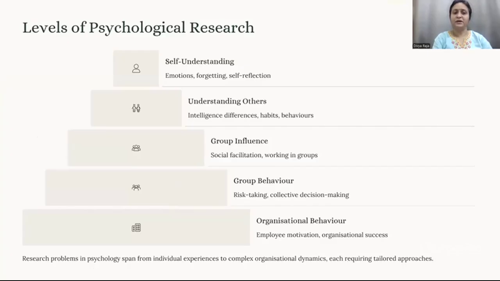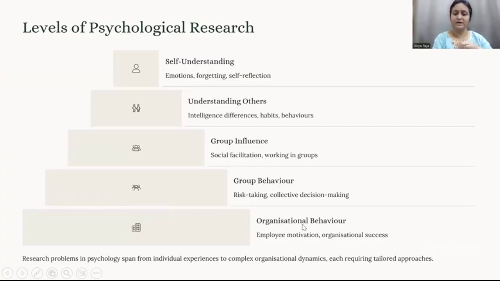There are different levels of psychological research. My research question or problem statement can be about me trying to understand myself or understanding others, or it could be that I want to understand the influence that a particular group has on my behavior. It could be to understand group behavior as such, the behavior of a whole group.